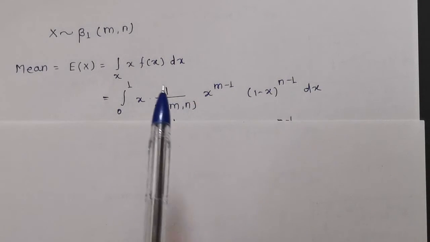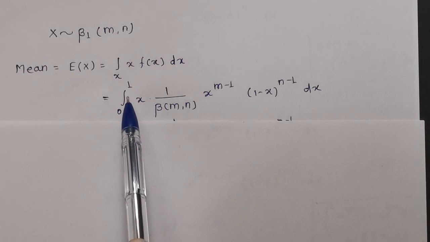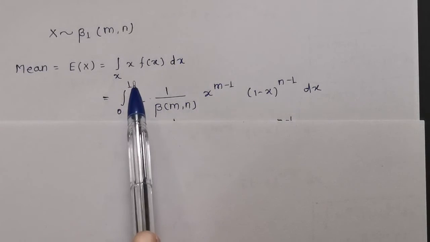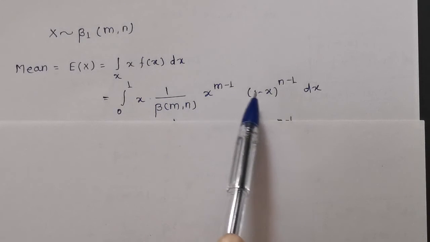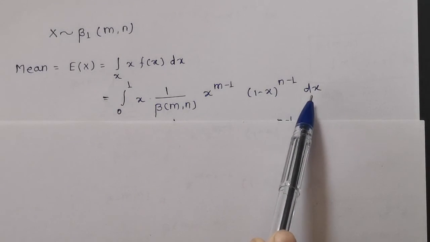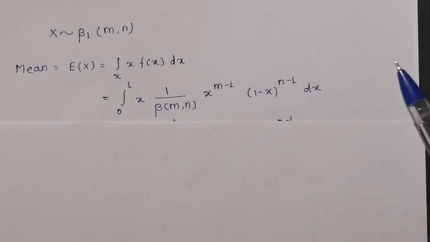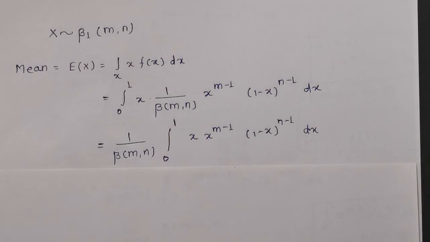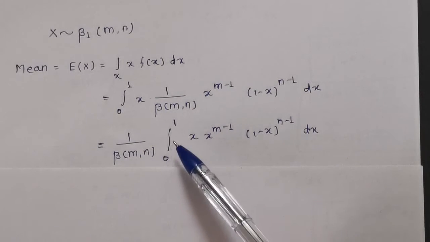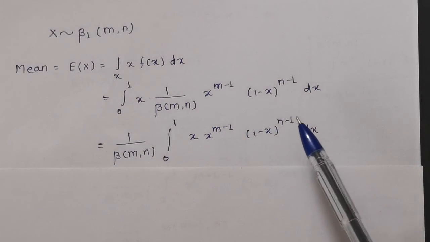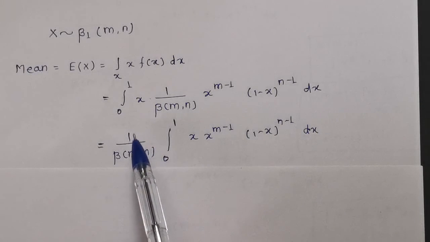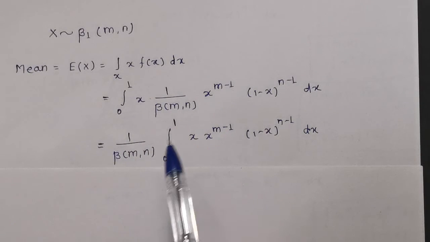So expected value of x is integration over 0 to 1 x into 1 upon beta(m,n) x raised to m minus 1, (1 minus x) raised to n minus 1 dx, which is equal to 1 upon beta(m,n) integration over 0 to 1 x into x raised to m minus 1, (1 minus x) raised to n minus 1 dx, where 1 upon beta(m,n) is a constant which is outside the integration.